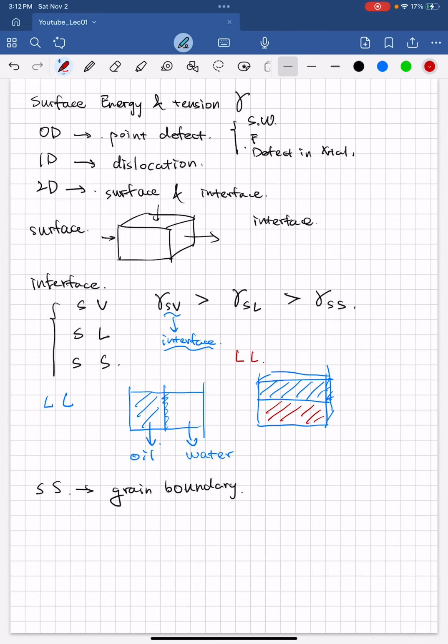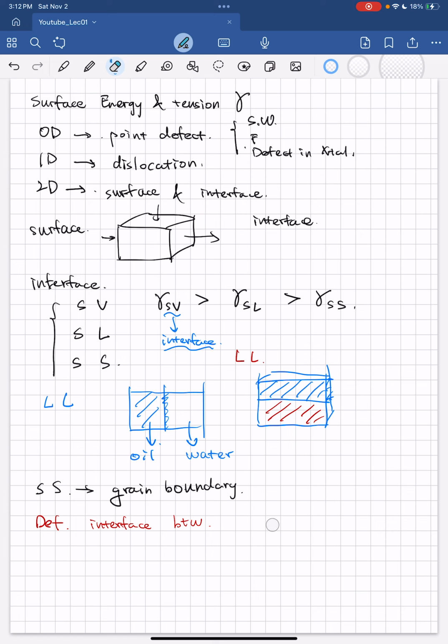The definition of grain boundary, sorry, is interface between different phases.